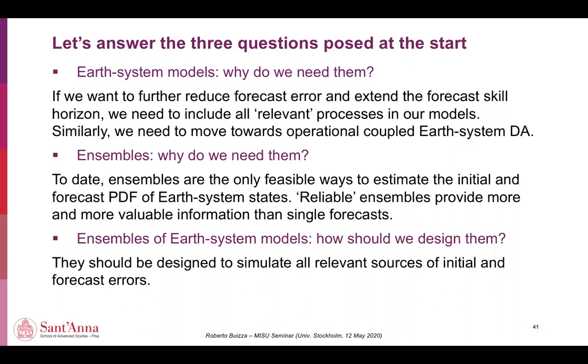I hope I've convinced you that if we want to reduce forecast error and further extend the forecast skill horizon, we need to include all the relevant processes in our models. Similarly, ideally, we would like also to have a coupled Earth system data assimilation system. With this, I don't want to say that the forecast skill horizon is not finite.